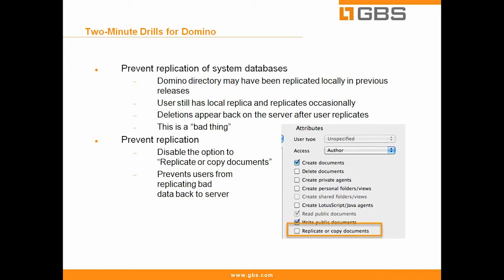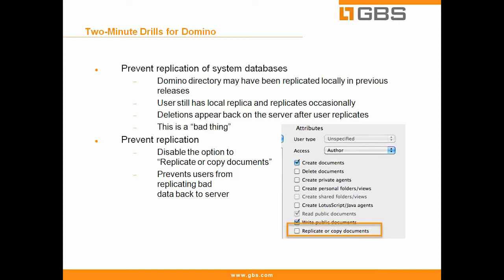But what they were finding is since they've gone to the mobile directory and they've tried to clean up the local names.nsf or the local replica of the names.nsf, they weren't able to find all of it, and they were still having issues where a user deleted 2 weeks ago would magically show up in the server again, and we were trying to help them reverse this issue.